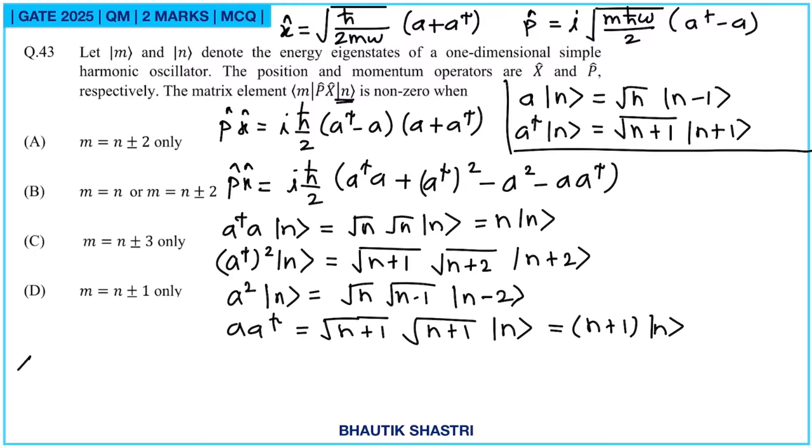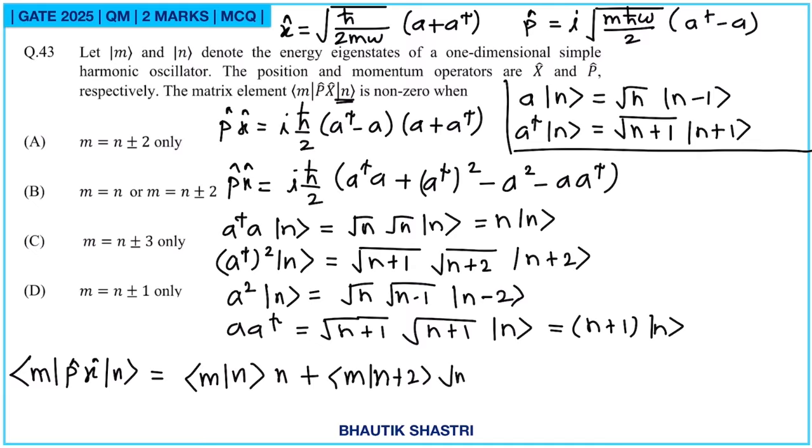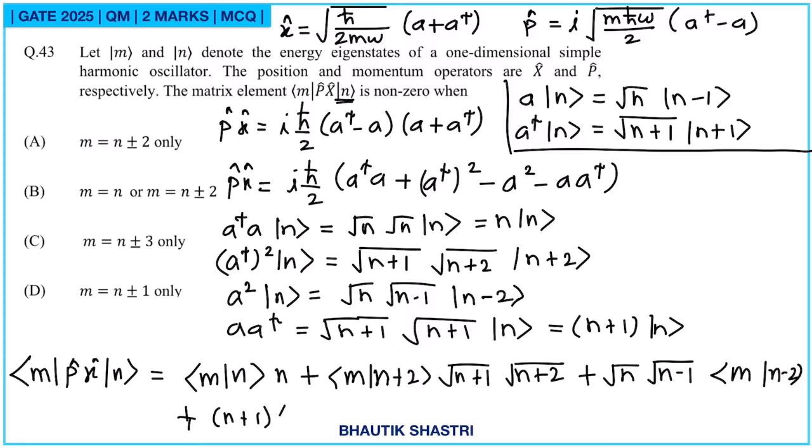So just combine all this. So we have <m| here, and then <m|p cap x cap|n>, and that will be, first term is this n, so this will be n <m|n> plus <m|n plus 2> root (n plus 1)(n plus 2), plus next is root n(n minus 1) <m|n minus 2>, and last term is (n plus 1) <m|n>.